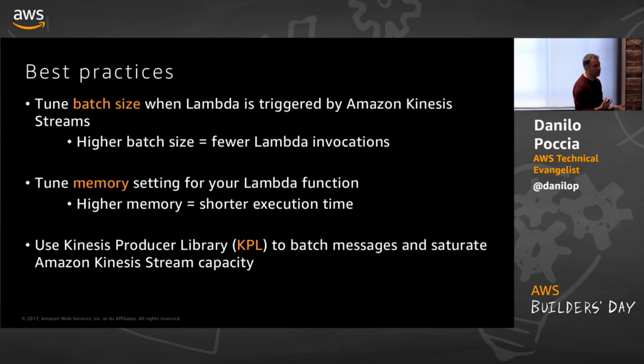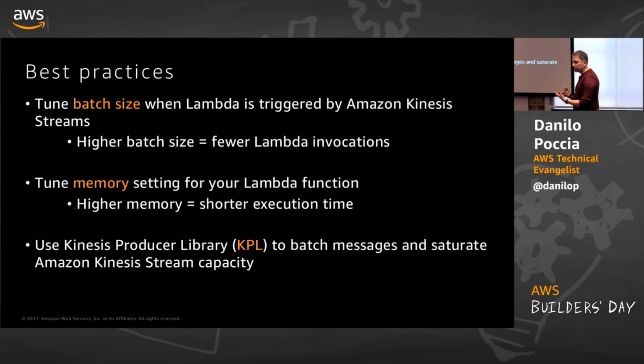So if you see that your Kinesis function is not able to keep up with the data processing, maybe if you give more memory and you have more CPU, it will be able to process more information. And if you use a specific device, look at our producer library that can help you create more compact records and be more efficient in data processing from the start.